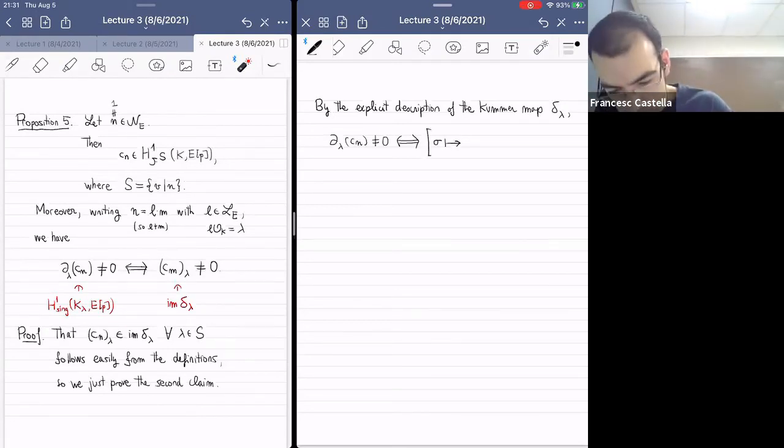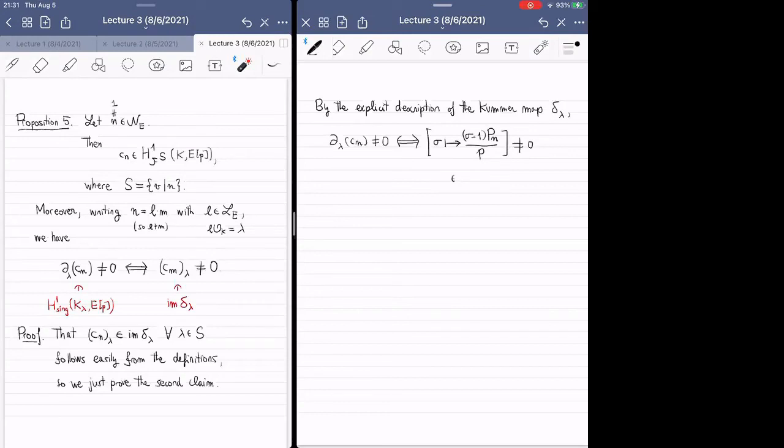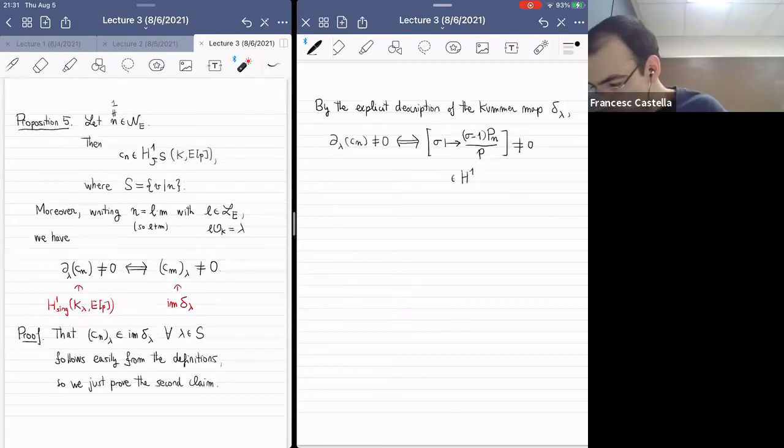Sigma goes to sigma minus 1 Pn divided by P. Okay, so if and only if this is non-zero, and this is an element in H1. Now we are localizing, okay, so we are looking at this Gn and looking at the decomposition group at this lambda.